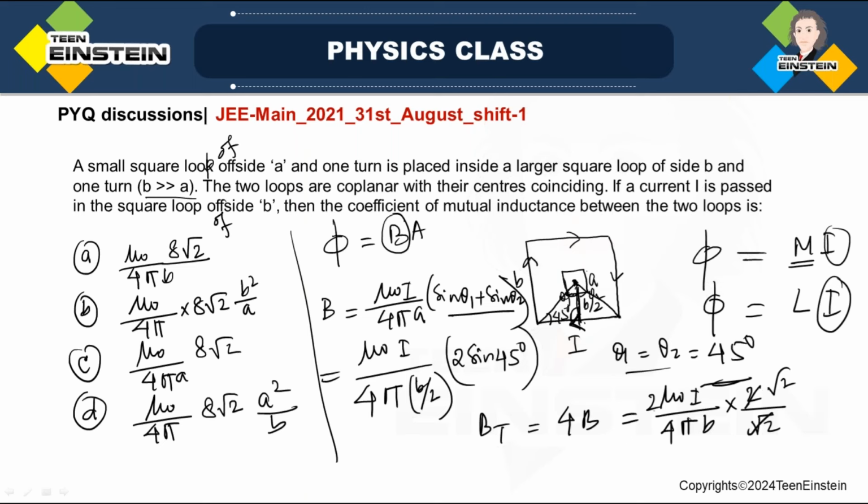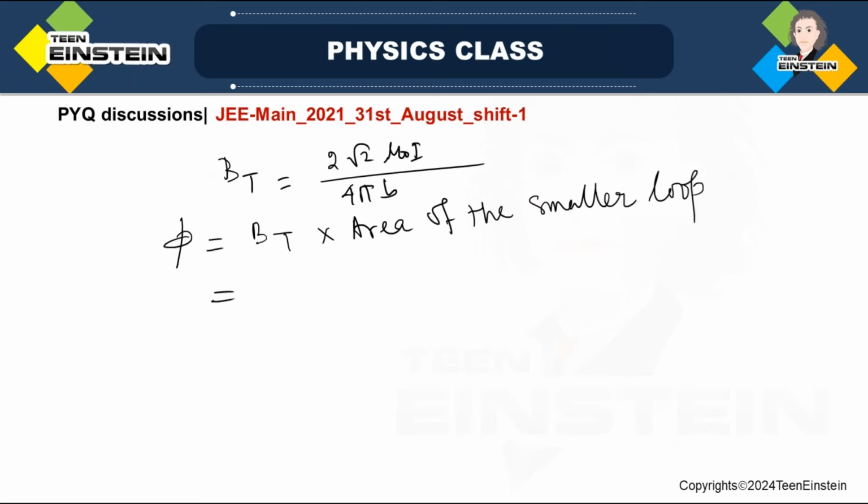A into A, so it will be A square. So 2 root 2 mu 0 I divided by 4 pi B into A square. Let us see what we have got.